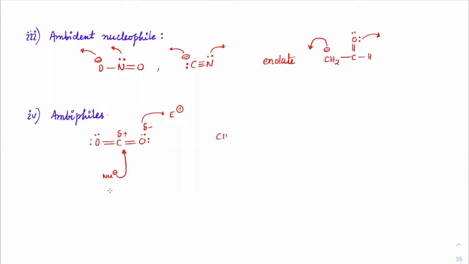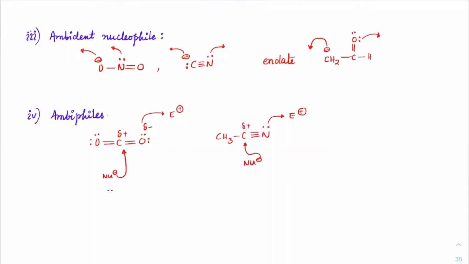Similarly, if you have CH3, C triple bond N. Now here, the lone pair present on nitrogen will accept electrophiles, and carbon, which has high delta positive, will accept nucleophiles.